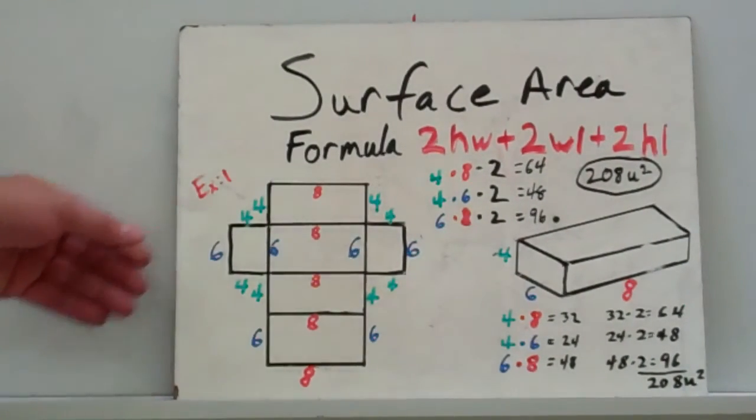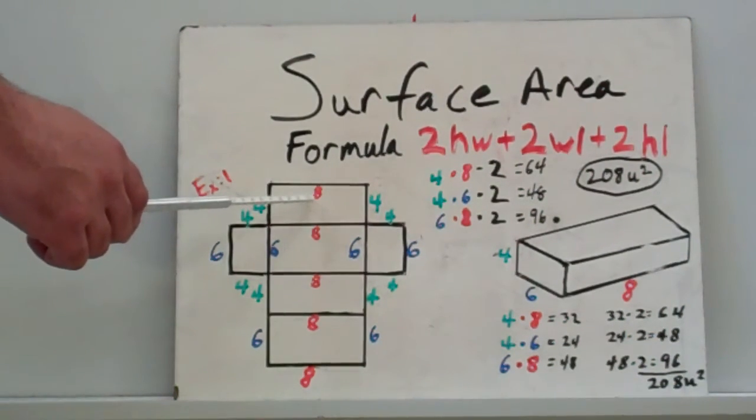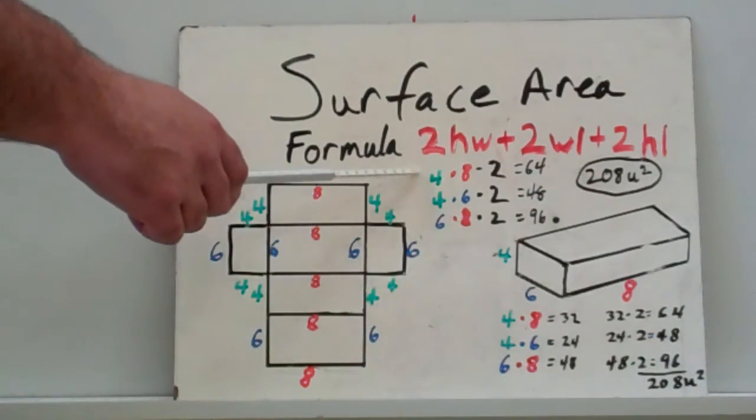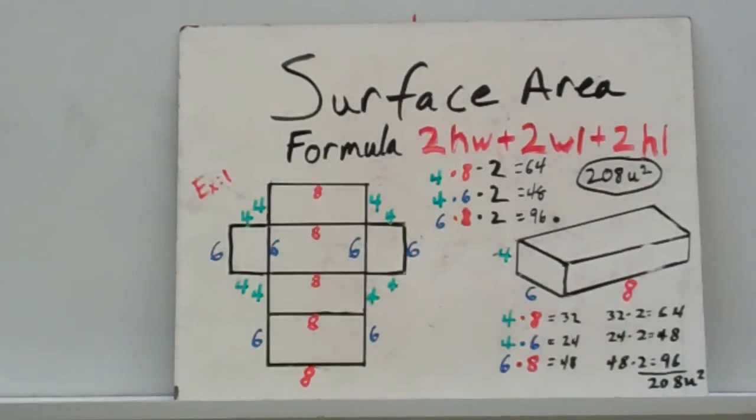Okay, so there's one last example. I've done it with both the net and the rectangular prism. I have the net over here. We have the face that's 8 times 4. 8 times 4 because there's 2 of them, times 2, which is 64.